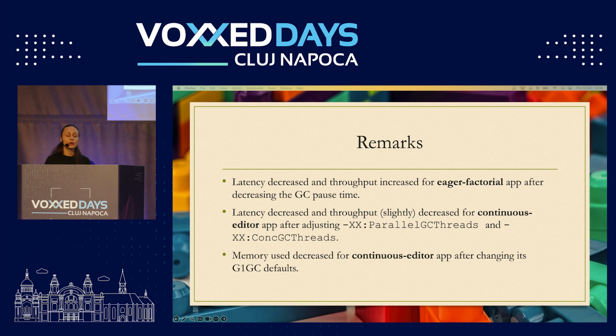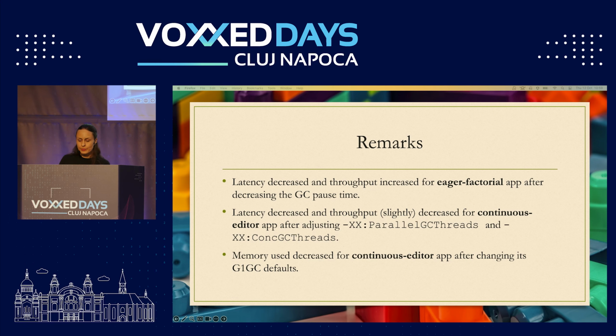But I like that more requests were served by my application that's CPU intensive with a lower latency, while keeping the same memory and CPU consumption. So overall, I'm pretty happy with the current setup that I got. And on the other hand, the one that's I/O bound uses less memory, so still a win.